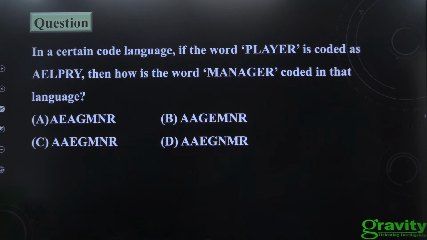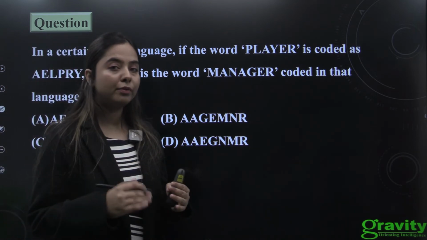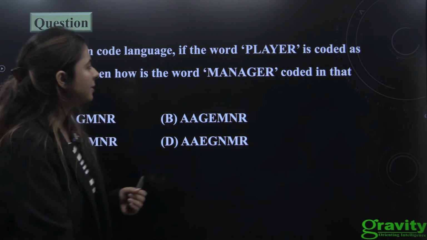Option C is the answer. Correct. What's the code here? Ma'am, just order wise. Correct. The letters are arranged in the increasing order of their position in the alphabet.